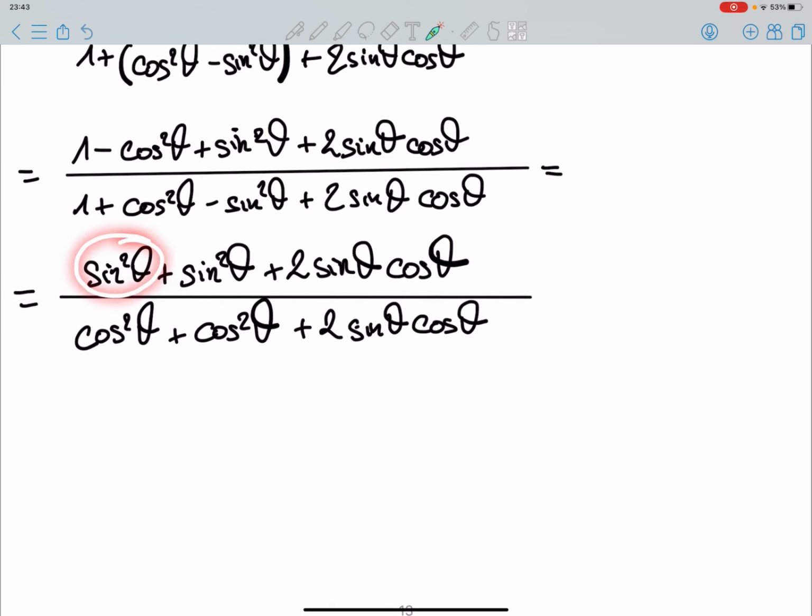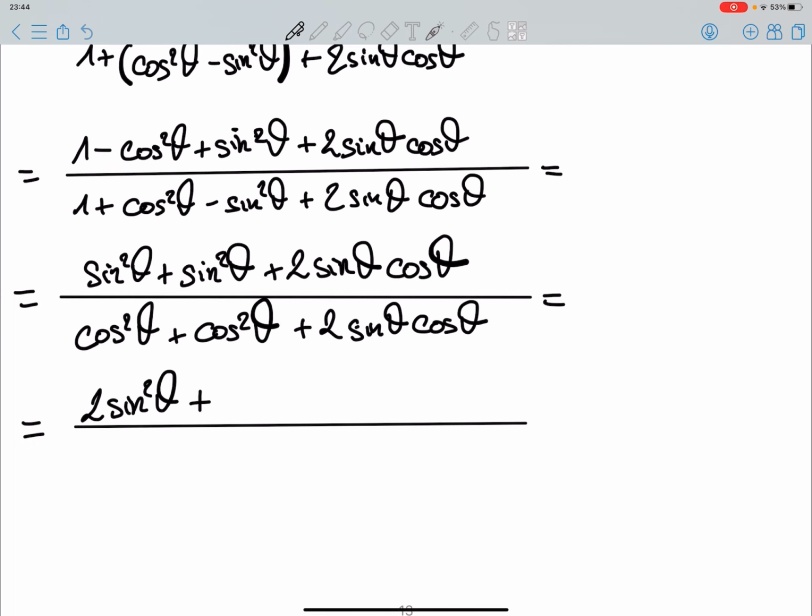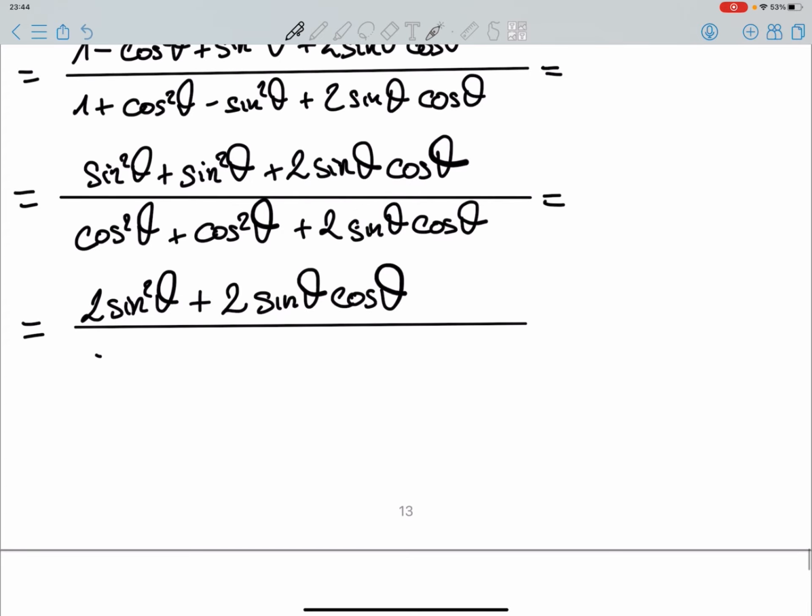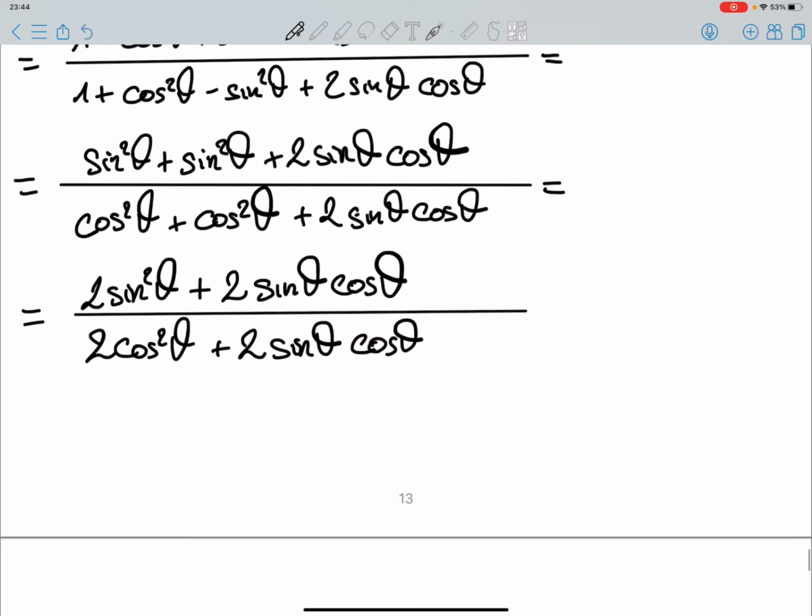Now we have sine square of theta, which is basically 2 sine square of theta, and same thing here. So let's write it down. So we have 2 sine square of theta, and we have plus 2 sine of theta cosine of theta, and on the denominator we have 2 cosine square of theta plus 2 sine of theta cosine of theta, right?